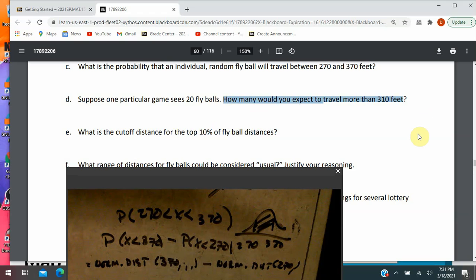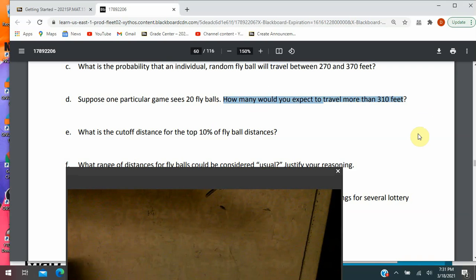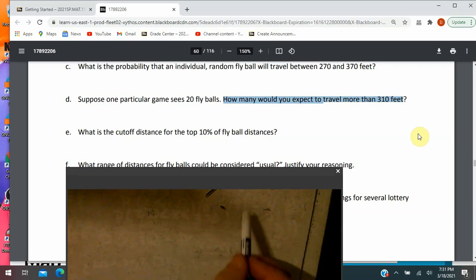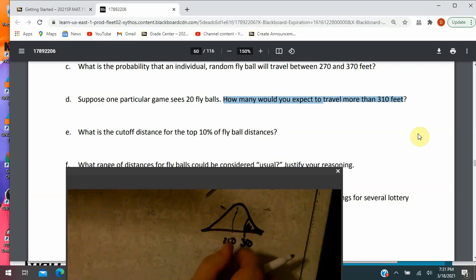What would be the proportion that would go greater than 310? Everything is 100%, and you're looking for the greater than 310 proportion. Here's 310. That percentage, that probability, they all come out to be the same thing.